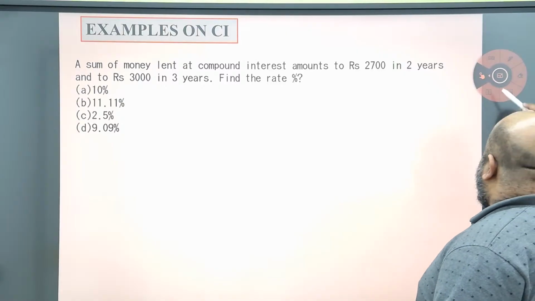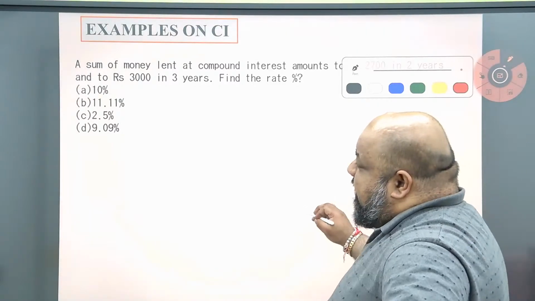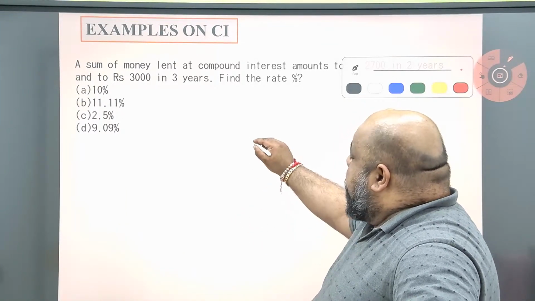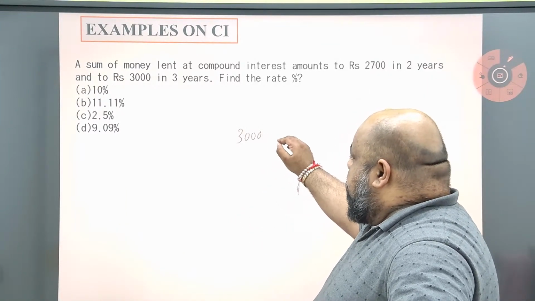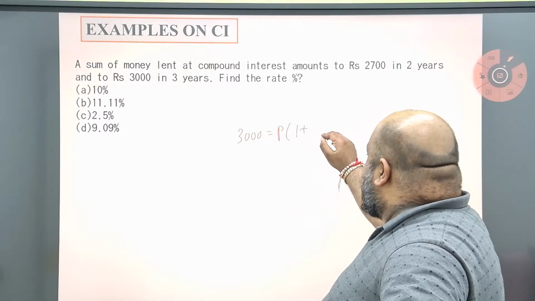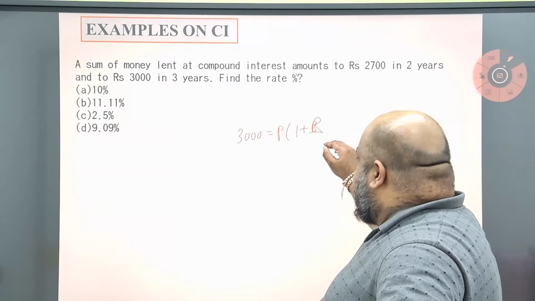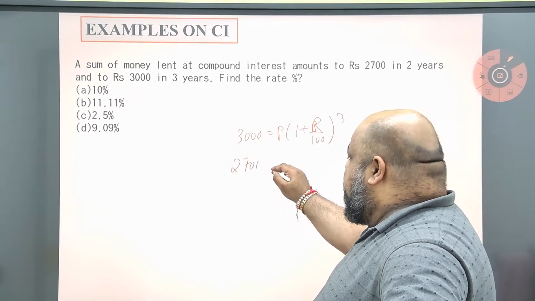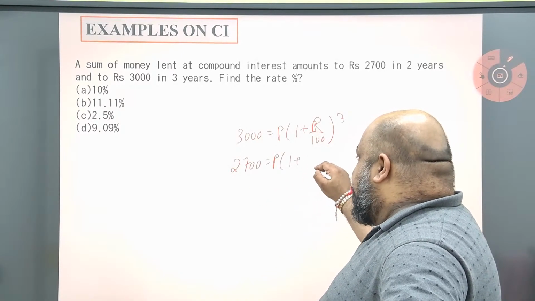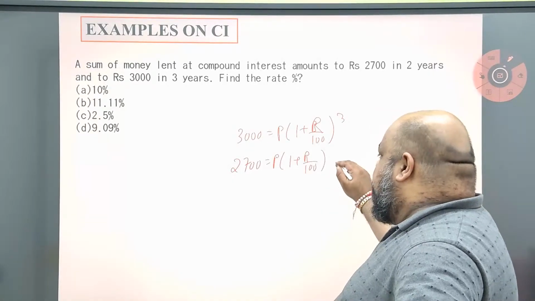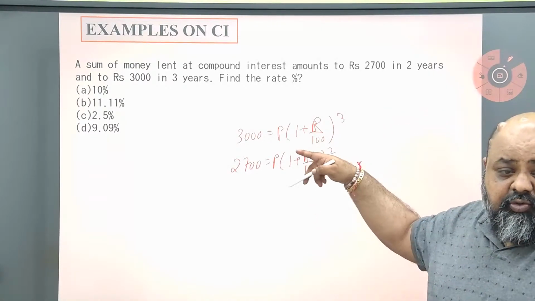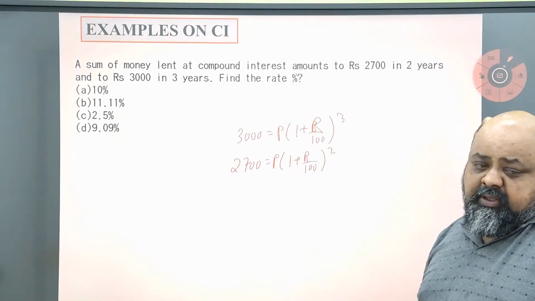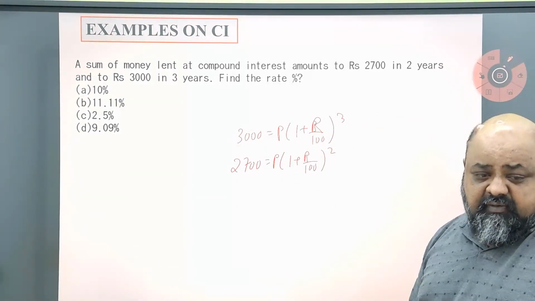For example, in the second case, after 3 years, amount 3000 is equal to principal into 1 plus R upon 100 raised to power 3. In the first case, 2700 is P into 1 plus R upon 100 squared. If we divide the two, P will get cancelled. R square and cube will get cancelled. I'll get an equation in R and I can solve it.